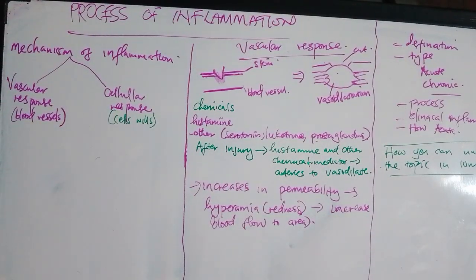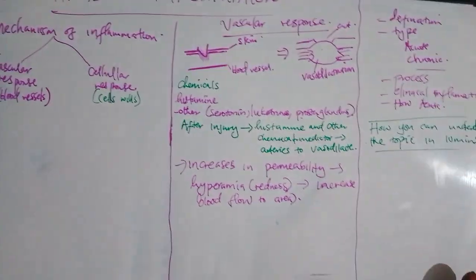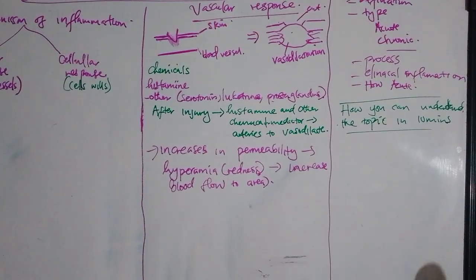Another thing which you need to know is, how does swelling come about? Because we are saying that in the process of inflammation, there is also one cardinal sign which is swelling. So how does that sign come about?